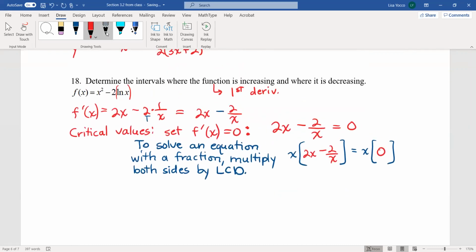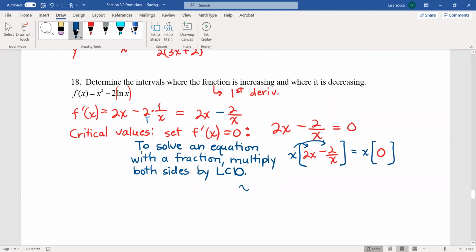Okay. Now, by the distributive property, I'm going to have to take the x times the 2x and the x minus x times 2 over x. And then on the right side, x times 0 is still 0.